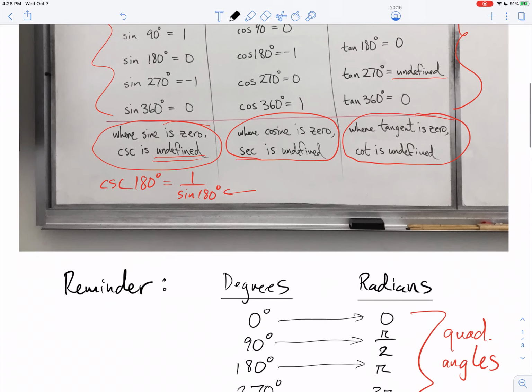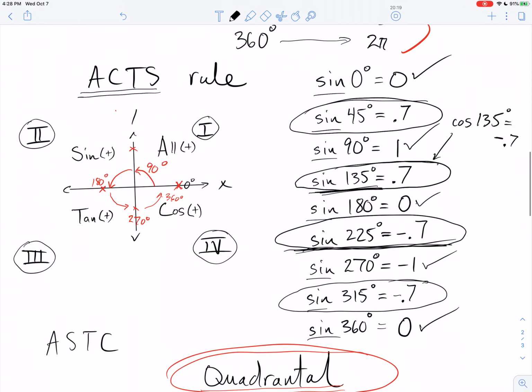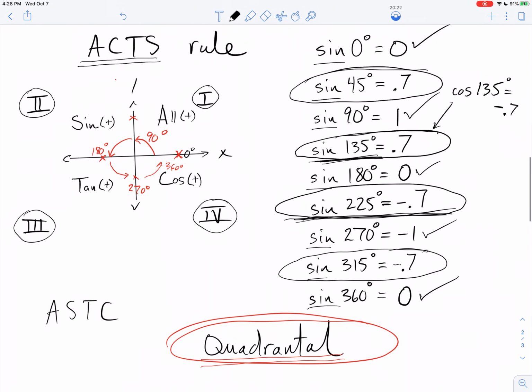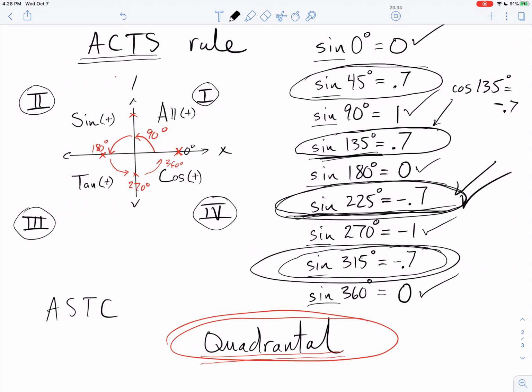Then, the other thing that I need you to get from this is sometimes the trig functions we are dealing with are positive, and sometimes they are negative. Like here, this one, sine of negative 2 pi, that's negative. Well, the ACTS rule tells us where things should be positive and where they should be negative.